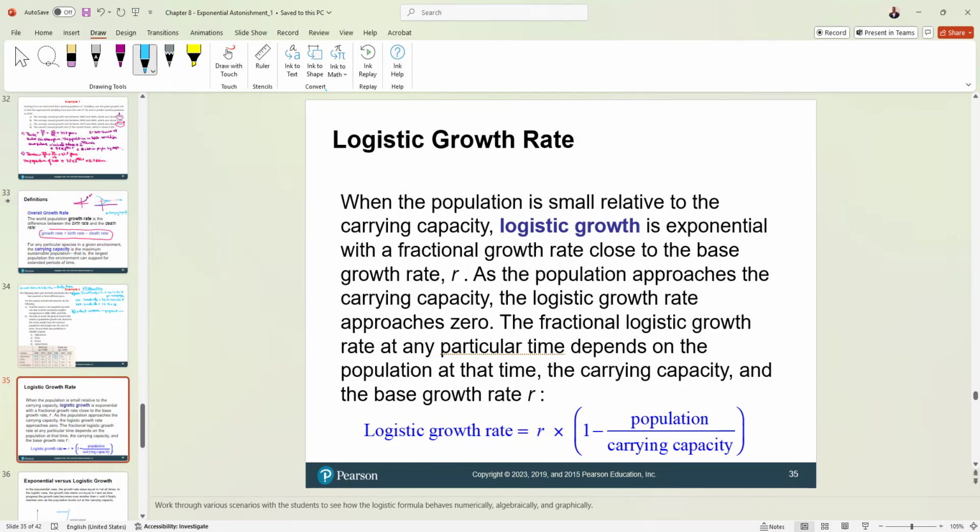When the population is small relative to carrying capacity, logistic growth is exponential with a fractional growth rate close to the base growth rate, R. As the population approaches the carrying capacity, the logistic growth rate approaches zero. So the fractional logistic growth rate at any particular time depends on the population at that time, the carrying capacity, and the base growth rate R.